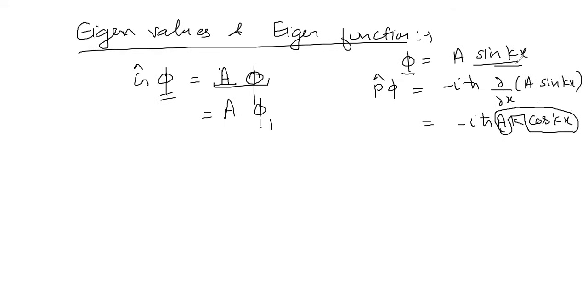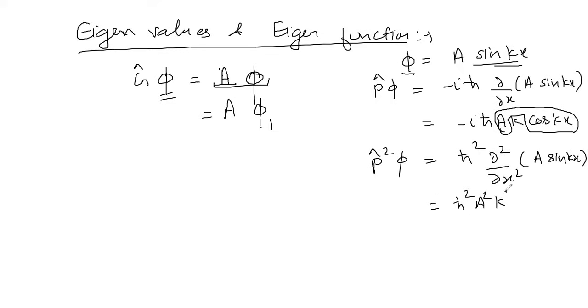Now rather than having the momentum operator, right, let's say you had the momentum square operator. अगर आपका momentum square operator होगा तो उस केस में आपके पास क्या होगा? h bar square, right? And then you will have curly square over curly x square of a sin kx. अब अगर आप इसका 2 टाइम डेरिवेटिव करोगे तो आपके पास में आ जाएगा a square k square and you will probably get minus here and then you will get sin kx back.